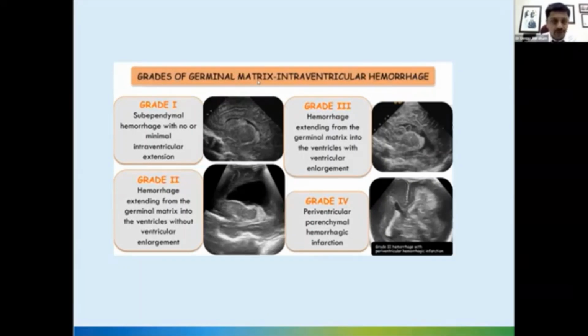The picture on the left lower corner shows a significant ventricular dilatation along with a significant bleed, which is much more than a grade 1 bleed, and that is a grade 3. And on the right lower corner, you can see the typical periventricular hemorrhagic infarct. You can see a significant bleed in the ventricle, along with a significant infarct in the parenchyma.